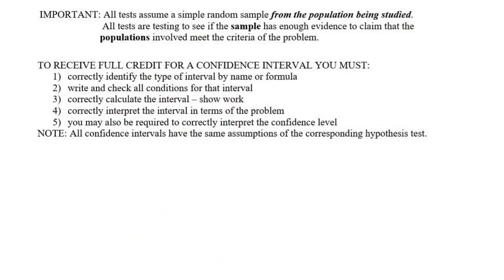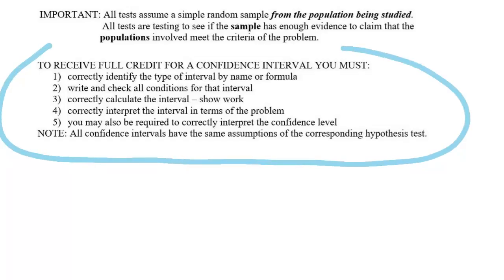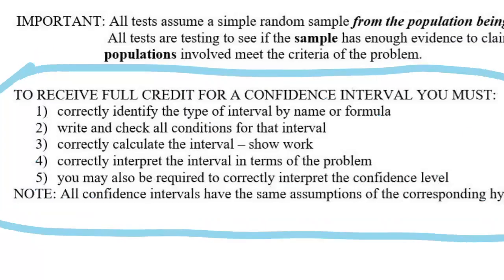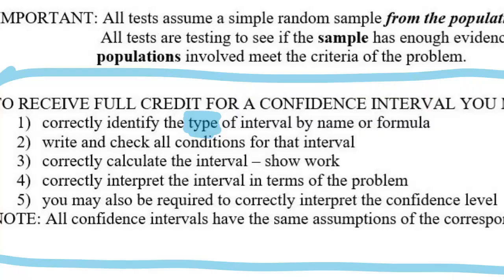Then I want to look at this. I want to focus on this right here. To receive full credit for a confidence interval, this is not in your yellow packet. So you are welcome to jot down notes if you want to, but this is not one of the things that's included in your yellow packet. To receive full credit for a confidence interval, you have to correctly identify the type of interval.